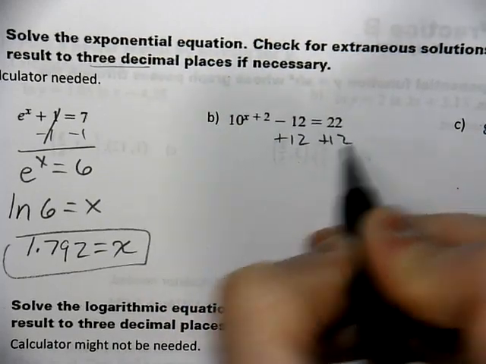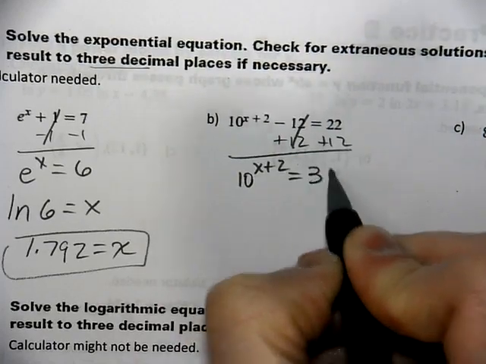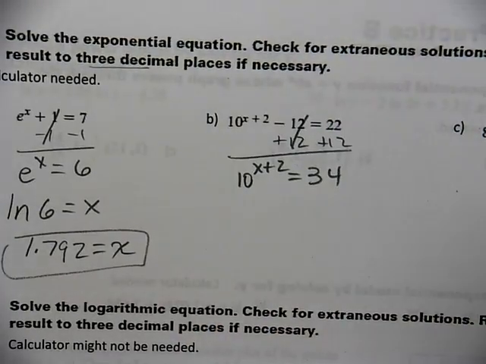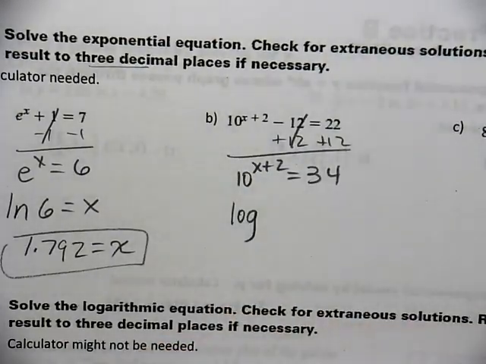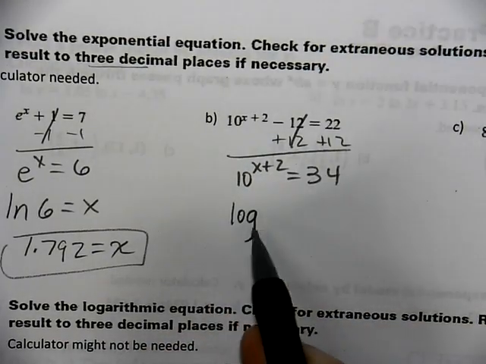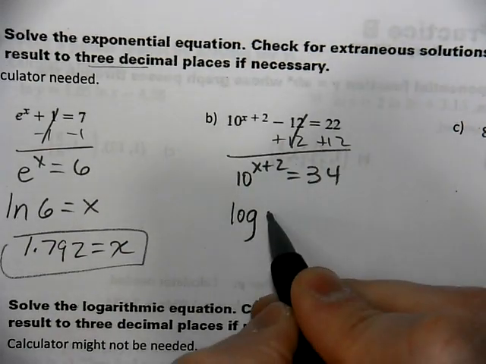Here we would add the 12 across. Again, we're trying to solve for the exponent, so we're going to use a logarithm. It has a base of 10, so that's a common log. You can write the 10 if you wish, but you don't even have to write the 10.